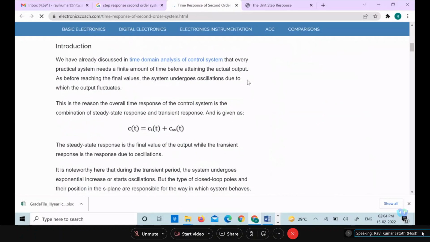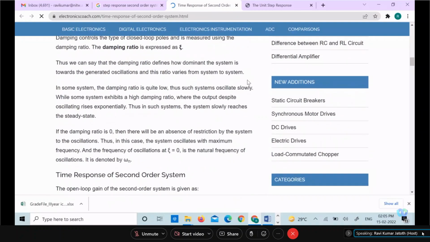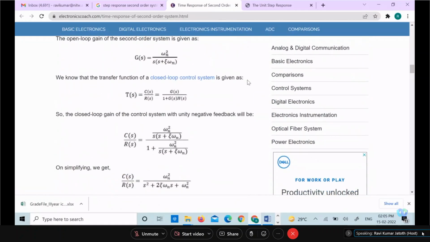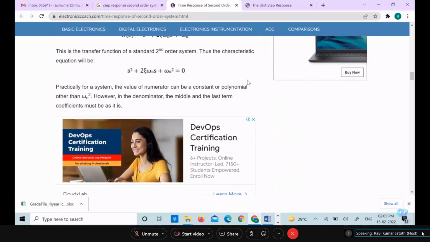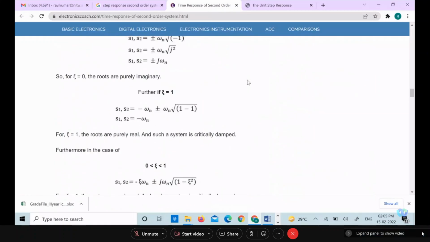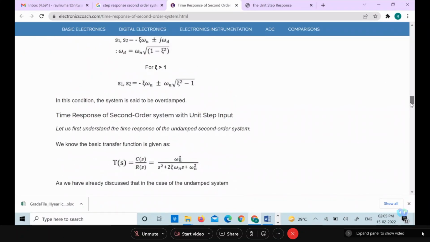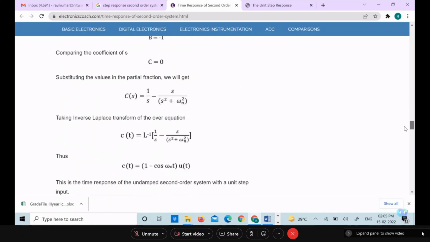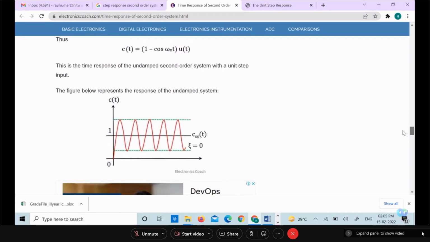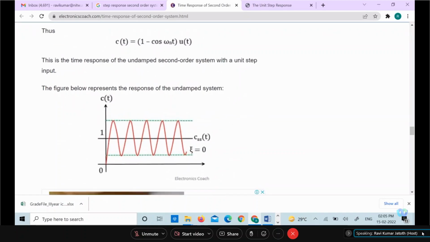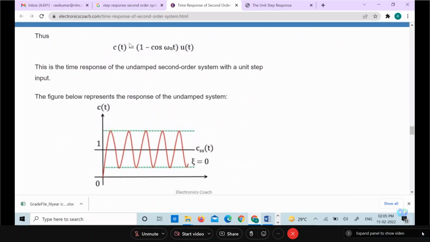So the total time response, now if I try to see it when damping is 0, this is the response you are going to get. Is it okay? So this is what the response you are going to get.